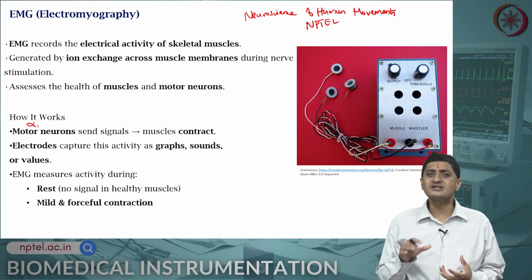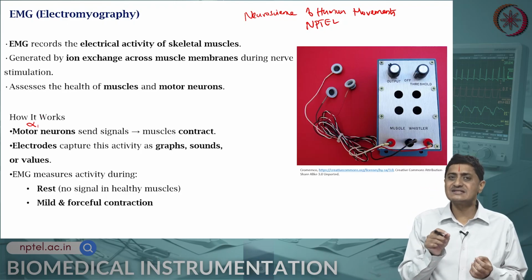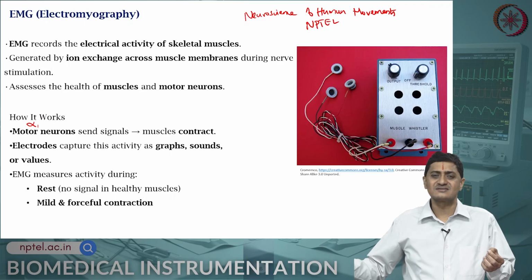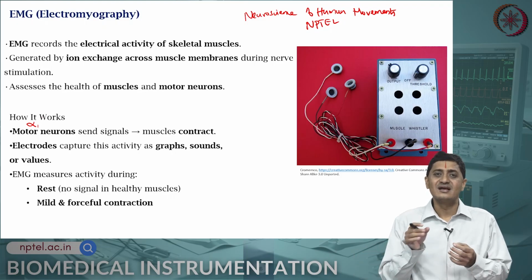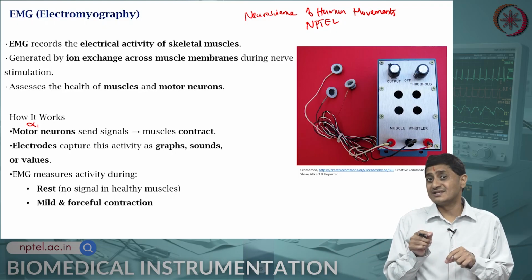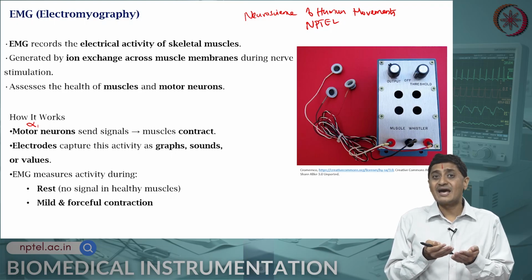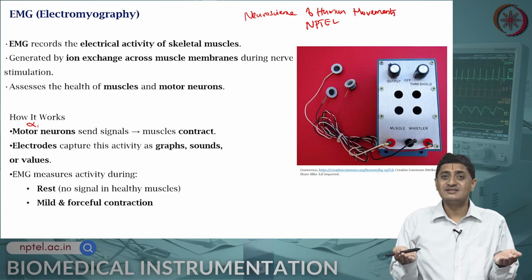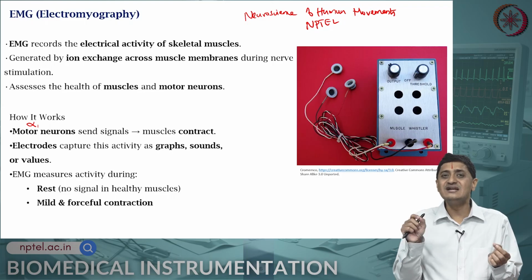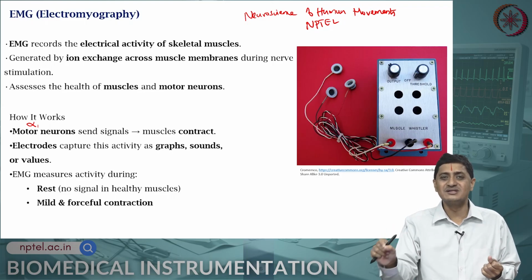whose cell bodies are located in the spinal cord. They send their long axons to muscles. Note that muscles are also excitable cells, and axon collaterals of these motor neurons innervate specific fibers in the muscles.